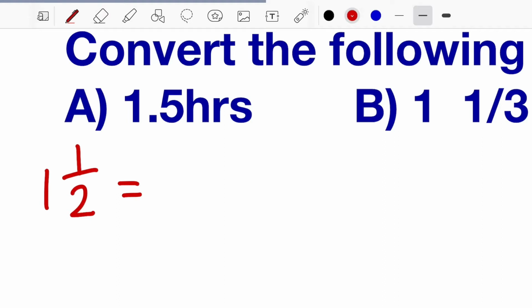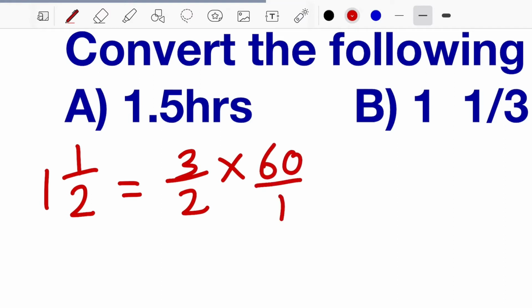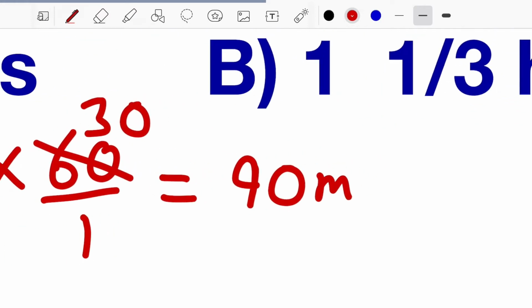So that gives us 1 times 2 is 2 plus 1 is 3 over 2. And we can multiply this by 60. 2 into 2 is 1. 2 into 6 is 3. So that's 30. 3 times 30 is 90. So that's 90 minutes. Or mins for short.